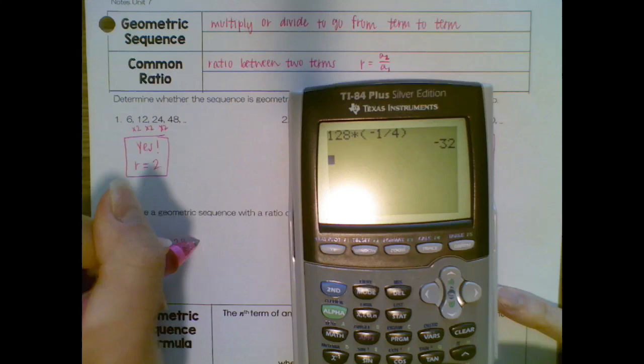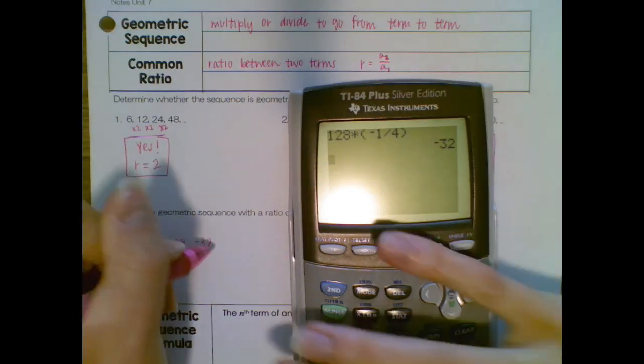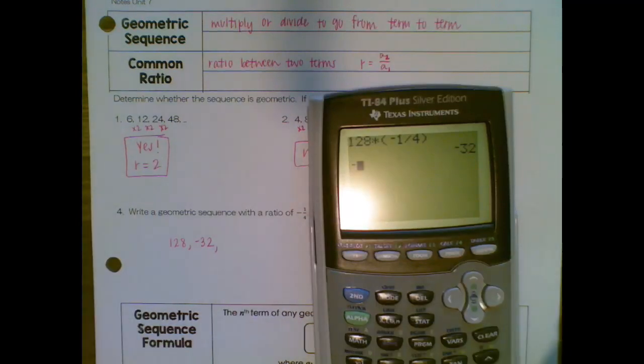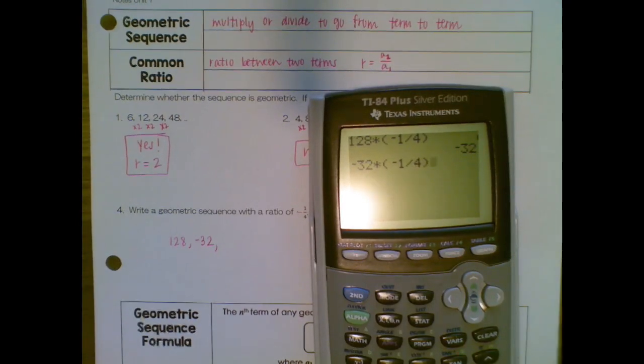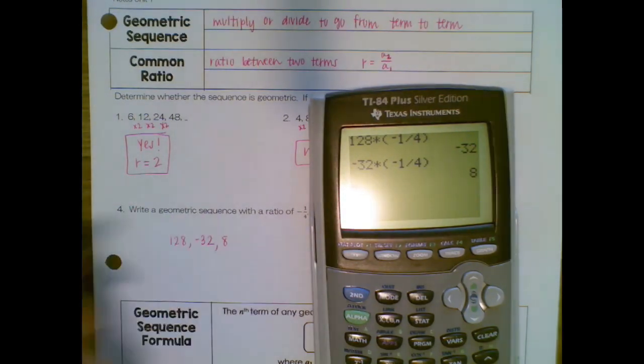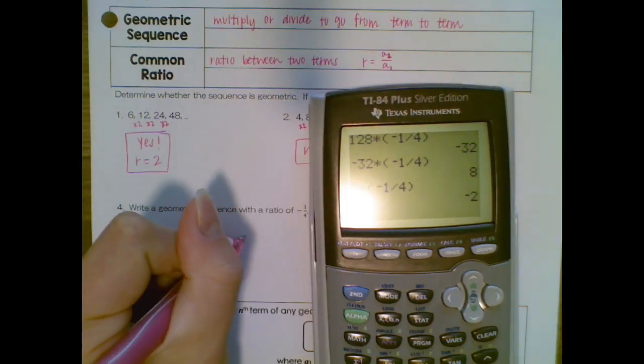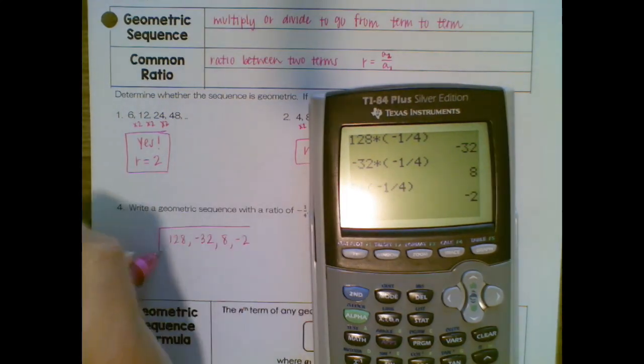So I get -32. It looks like I need 4 terms, so I have 2 terms right now. So now I'm going to do -32 times -1/4. Again, I get 8. 8 times -1/4. I get -2. So I have 4 terms, I'm good.